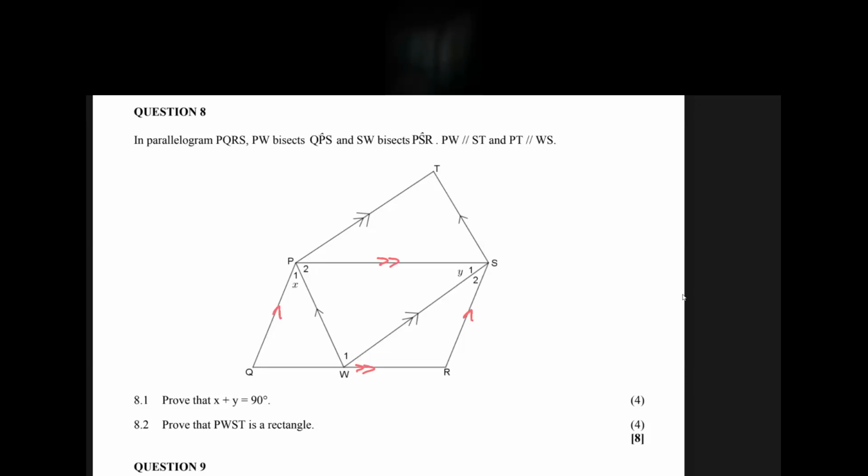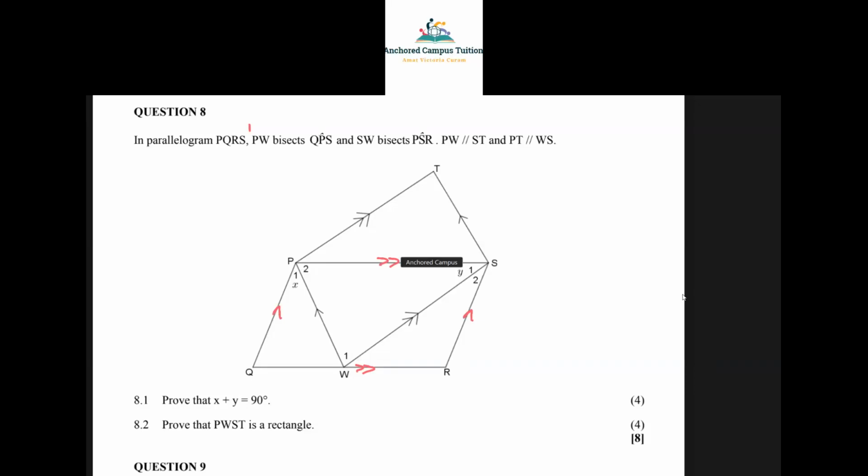The things that you need to also focus on are these. PW bisects angle QPS. It means that it cuts that angle P1 plus P2 in half, meaning P1 is equal to P2.